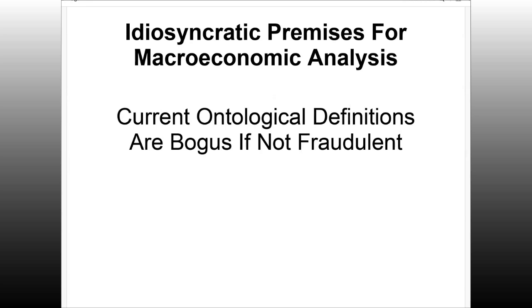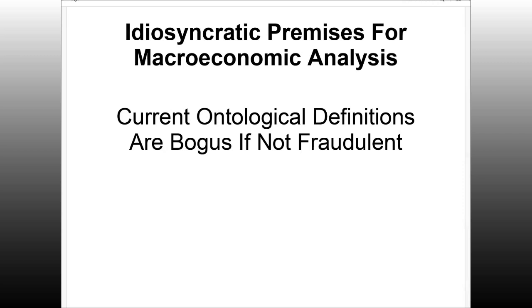Okay, now I have to start with some idiosyncratic premises when I apply this methodology to macroeconomic analysis. First, we have to dispense with the current ontological definitions. They are in fact bogus, if not fraudulent.